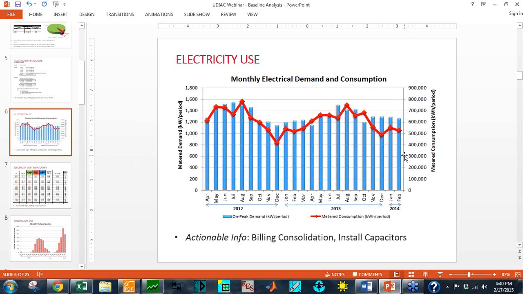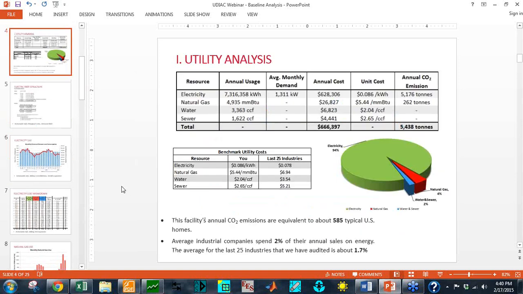I love it. Okay, so one more question from Jillian, and then I'll ask one of the other ones. When you benchmark the facilities against each other, do you benchmark against facilities in the same NAICS code or SIC code, or is it just all of the industries that you visited? That is a great question, and we only do the most recent 25.